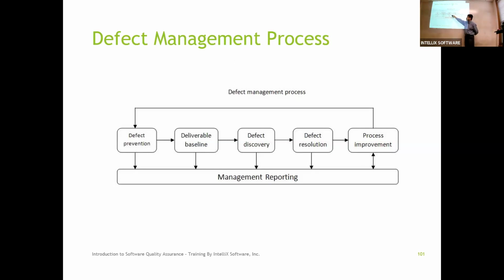Once you fix it, you do the root cause analysis to figure out what could I have done to prevent that defect. Right, so you identify the process improvement, and then you go back and add it into your defect prevention process. And the next project goes through that cycle, now with an enhanced defect prevention, because they have a new baseline. Okay, the goal is, with this continuous reporting and continuous feedback, you're constantly improving your defect management process.